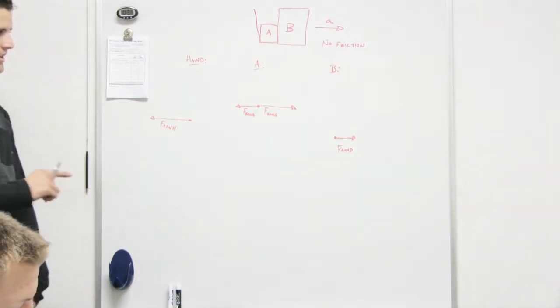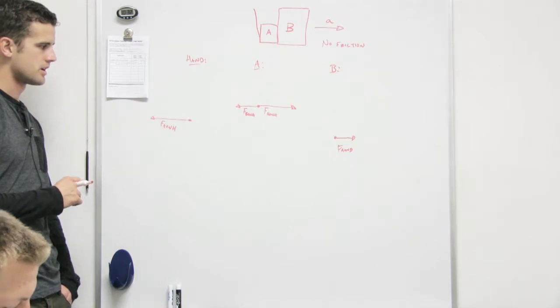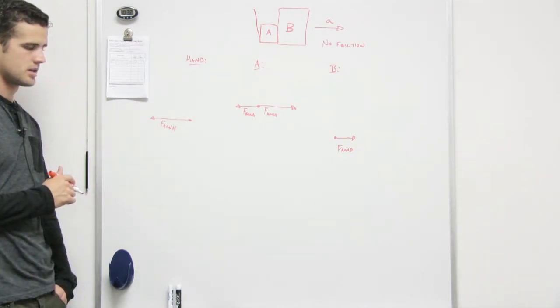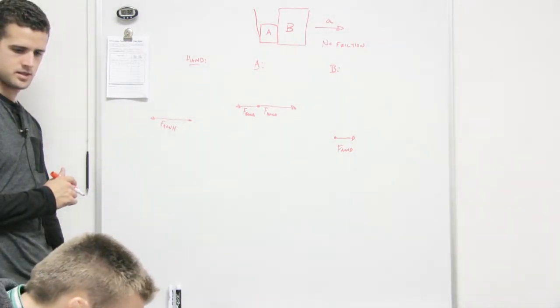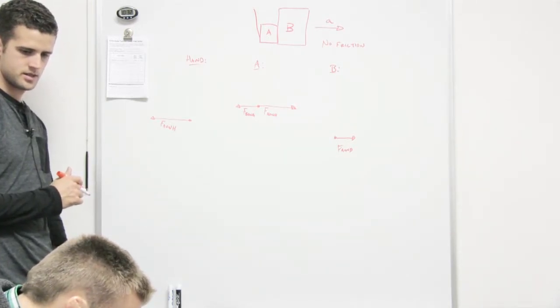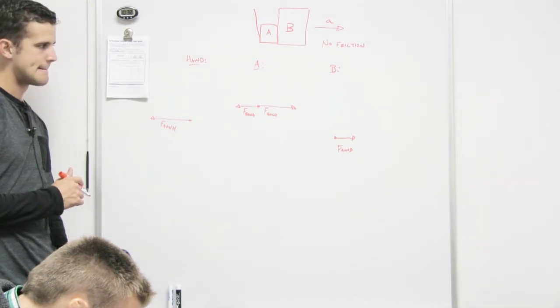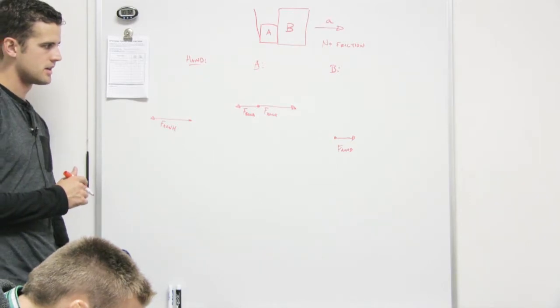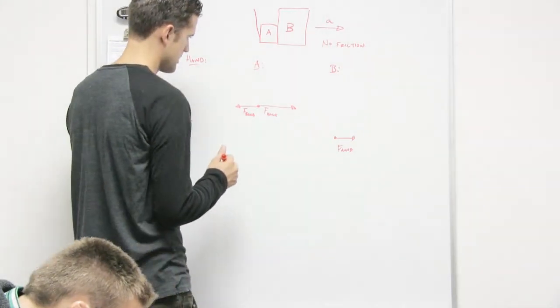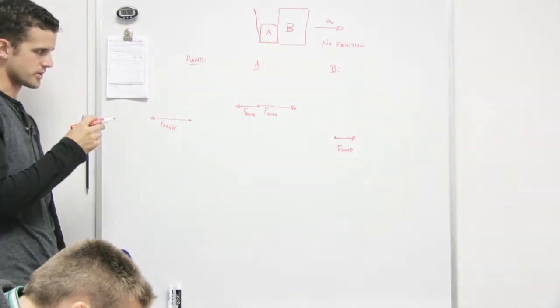So which ones are action-reaction pairs? Action and reaction would be F H on A and F A on B. Right, so which one goes with H on A?